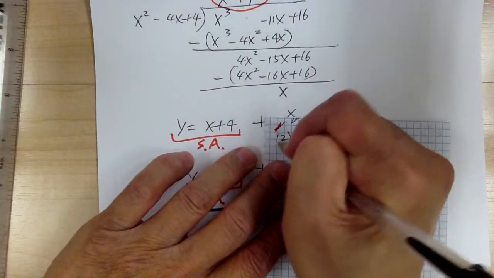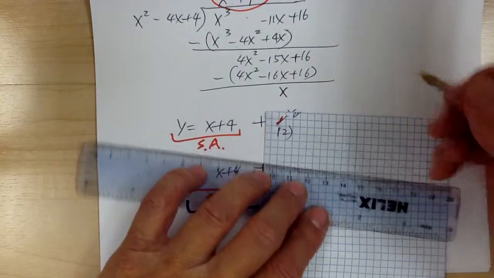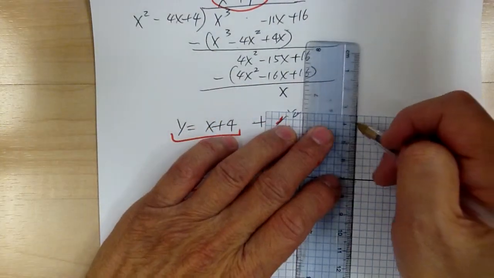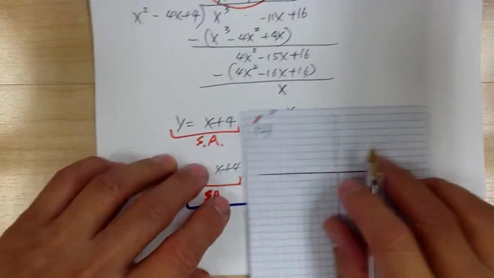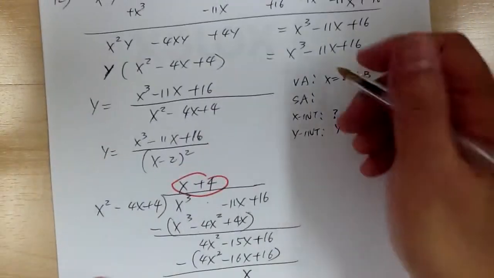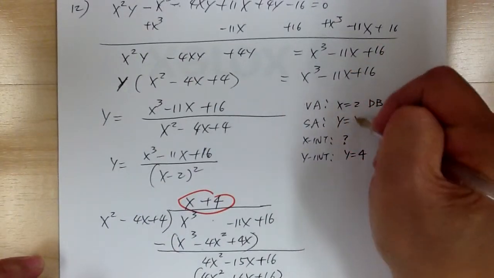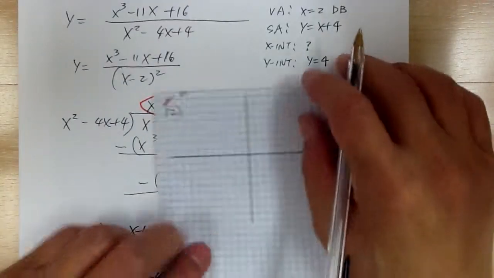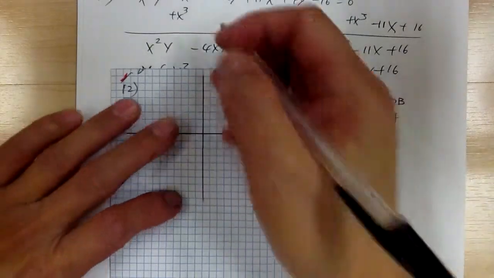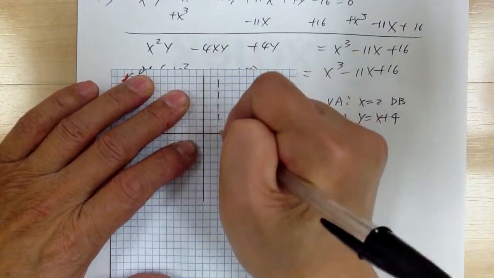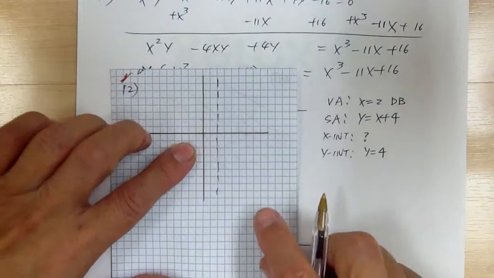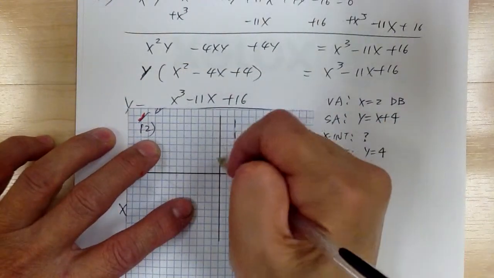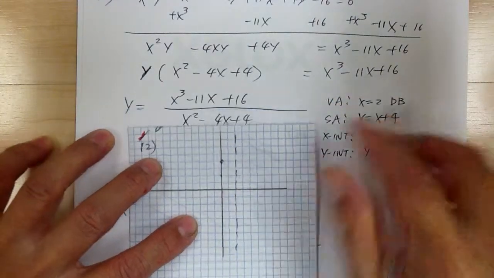So for number 12, we have to write it. Slant asymptote is y equal to x plus 4. Vertical asymptote is x equal to 2. Slant asymptote is y equal to x plus 4, so that's your intercept. You start over here, and the slope is 1.